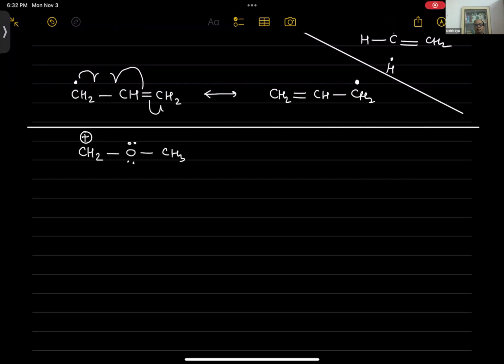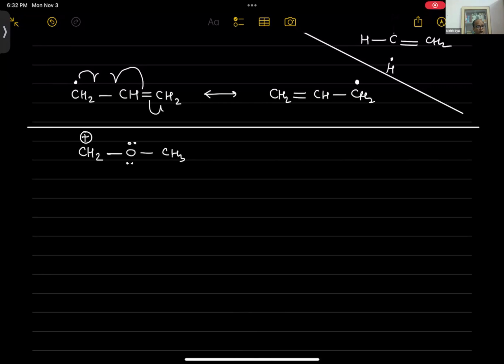There is a single bond by which this cation is connected to its neighboring oxygen atom. Providing electrons.